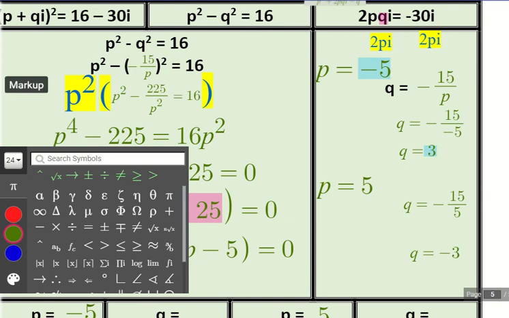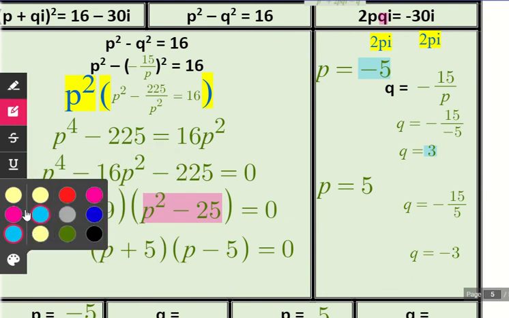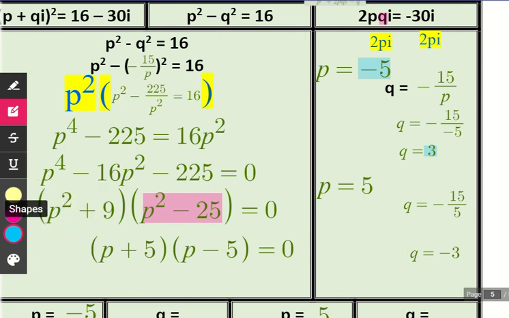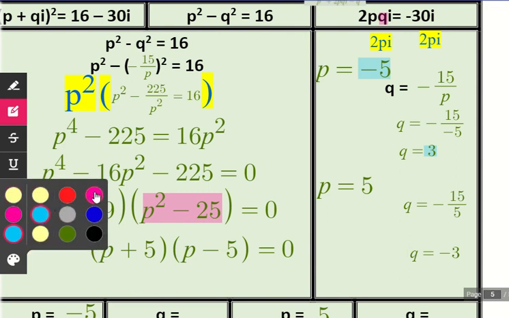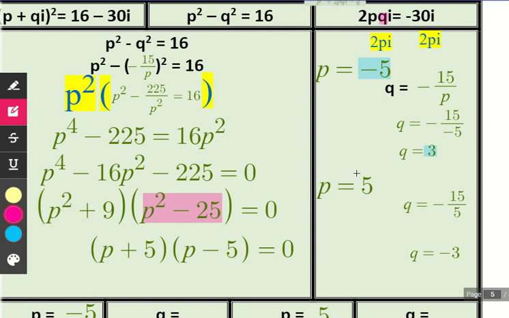So these are treated as an ordered pair, right? a plus bi, p plus qi, your x coordinate, your y coordinate. They all kind of go along the same theme. So if p is 5, then q is negative 3.